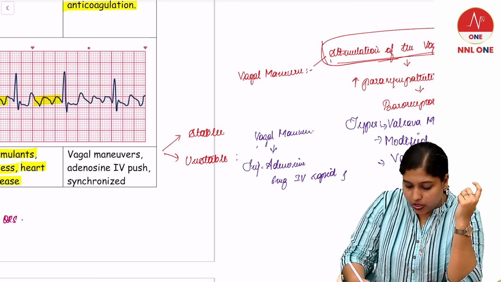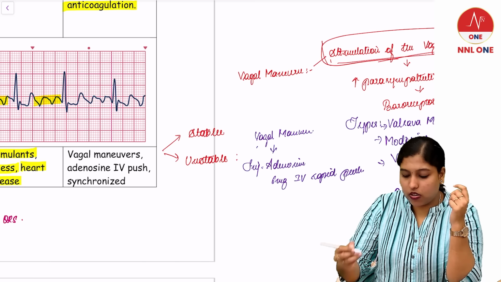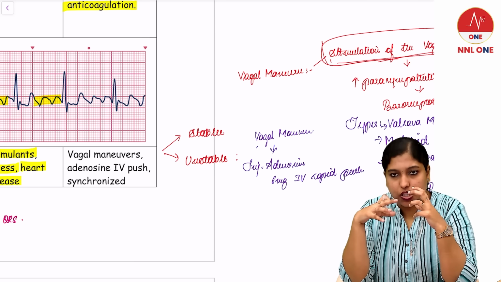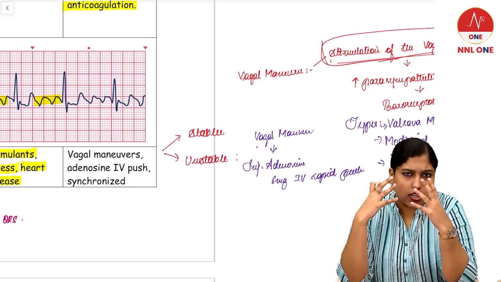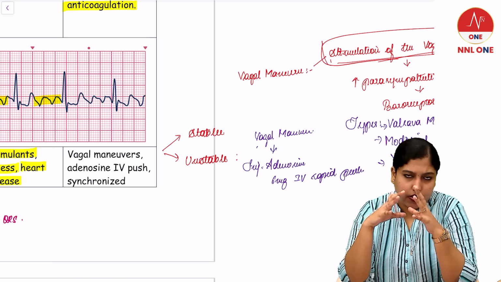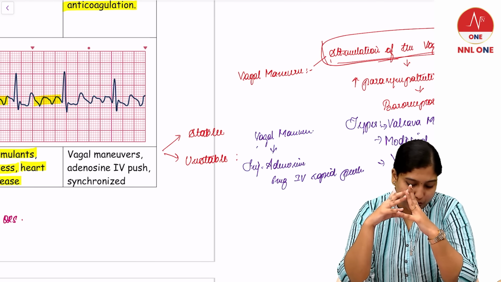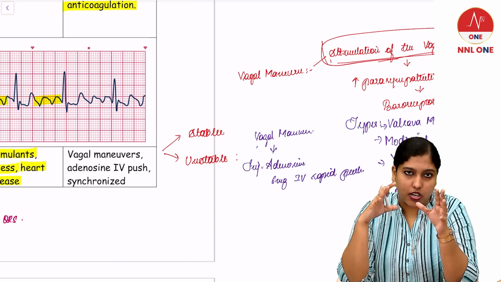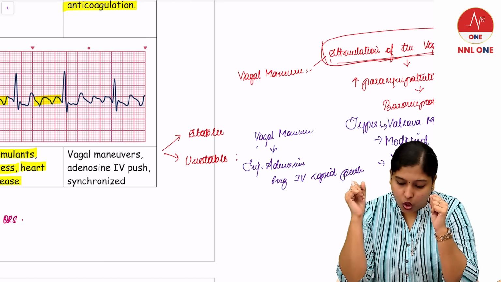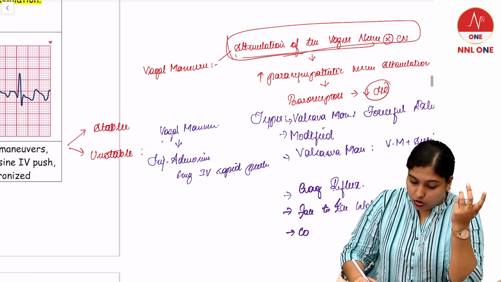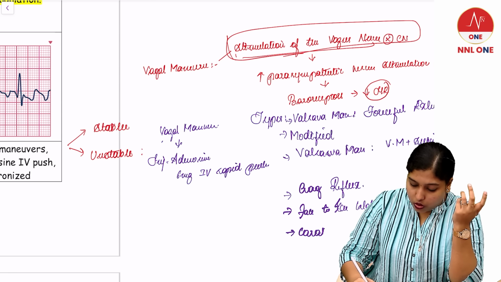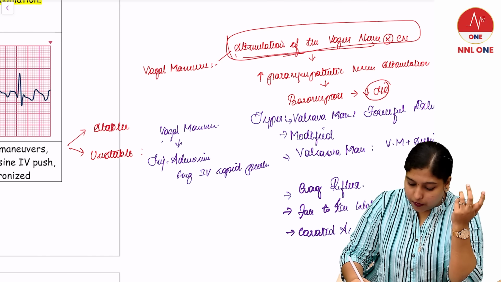rapid push. I have my actual life experience with SVT patients, when I was working in an intensive critical care unit. Suddenly the patient got supraventricular tachycardia. We were getting ready. I was a junior nurse at that time. My senior started doing a vagal maneuver. Another point you have to remember is carotid artery massage.